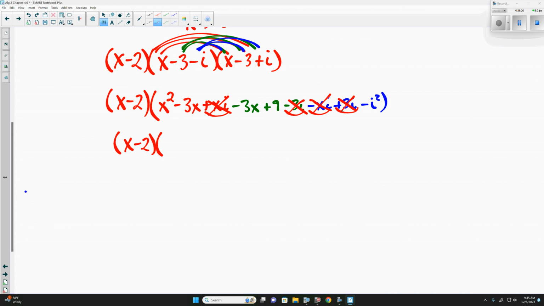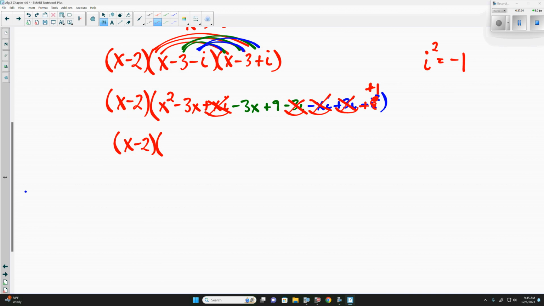Well, we know i deals with the square root of negative 1. And one of the ones I told you that was pretty helpful was knowing what i squared is, yes? And it is negative 1. So what we're saying here is that this negative i squared is negative negative 1, which is just plus 1, yes? So really, we can just say it is plus 1.